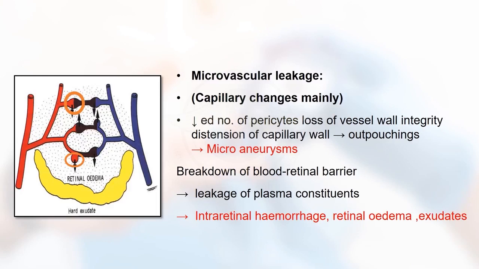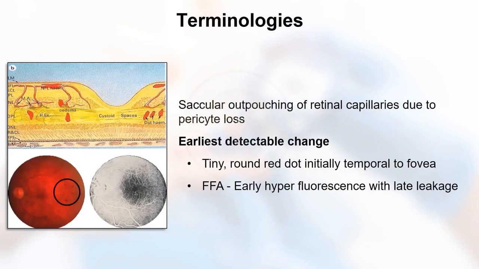There is intraretinal hemorrhage and retinal edema and exudates. This is the retinal edema and this is the hard exudates. So this saccular outpouching of retinal capillaries due to pericyte loss is the earliest detectable change. In addition, there are tiny round red dots, initially temporal to the fovea.